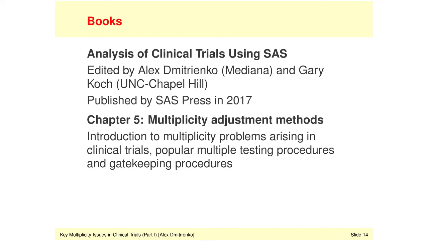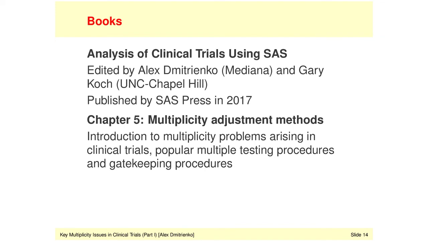The second edition covers key statistical problems in clinical trials, for example, analysis of dose escalation trials, dose finding trials, how we analyze incomplete data in clinical trials, also issues that arise in safety and efficacy monitoring in clinical trials, for example, group sequential trials, and of course, multiplicity issues in clinical trials.